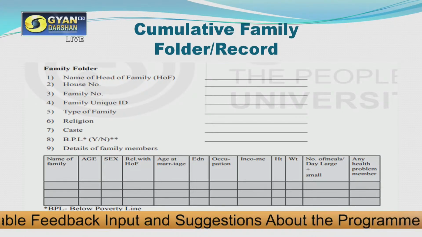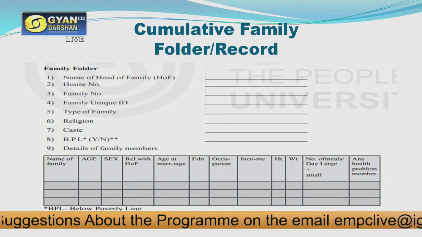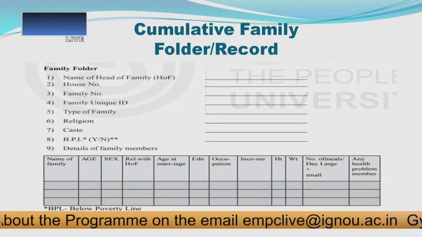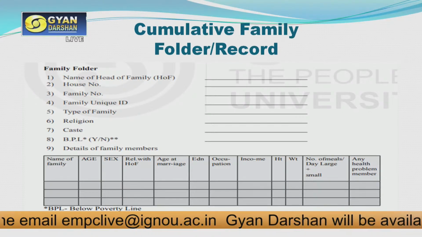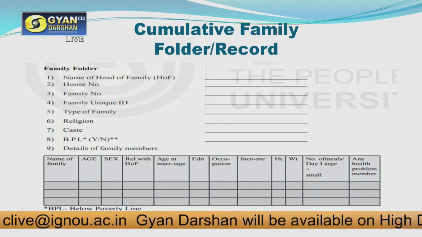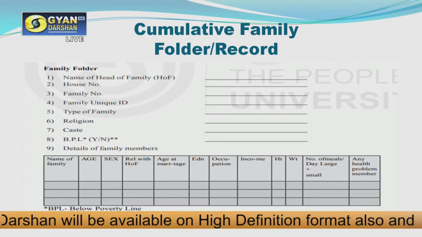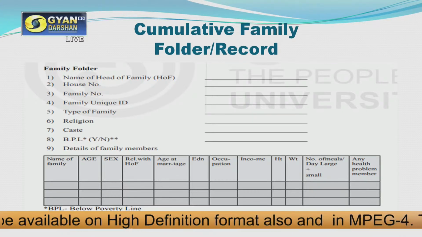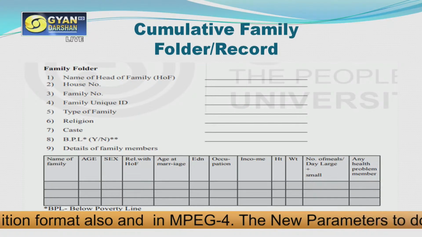For each family member, as in one family there may be 4 or 5 persons, you will have to record their age and sex, and relation with the head of the family. You can mention whether one is self, then wife, then children, daughter or son.